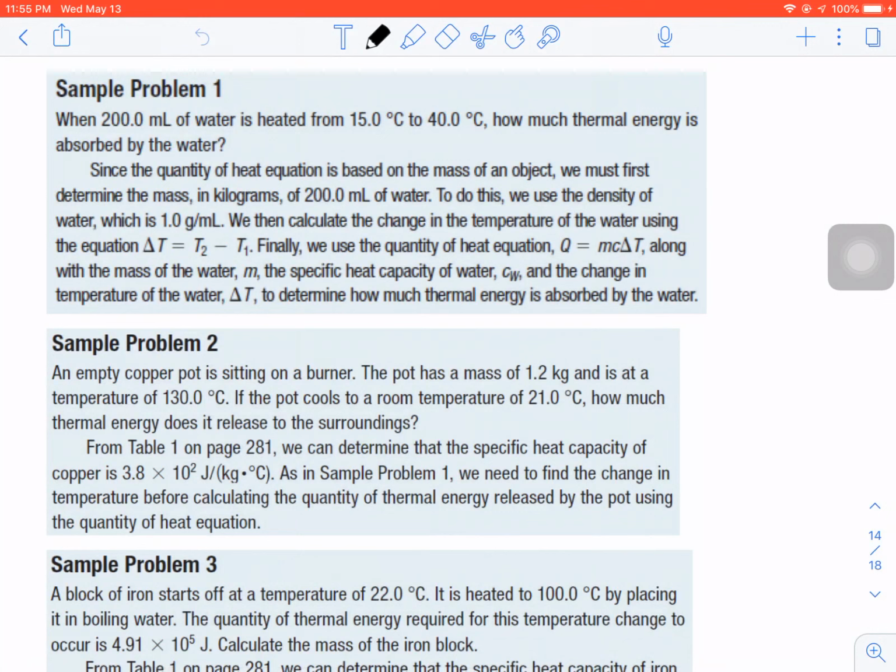In order to go from 130 and cool to 21, it's got to lose energy. Where does it go? Probably into the air which is surrounding that copper pot, or maybe if it's sitting on a surface, the surface will absorb some of that thermal energy. So I'm trying to figure out Q. How much thermal energy is being released. Before, it was how much thermal energy is being absorbed by matter. Now the matter is giving off the energy.